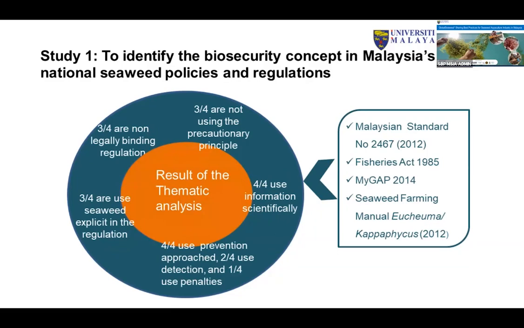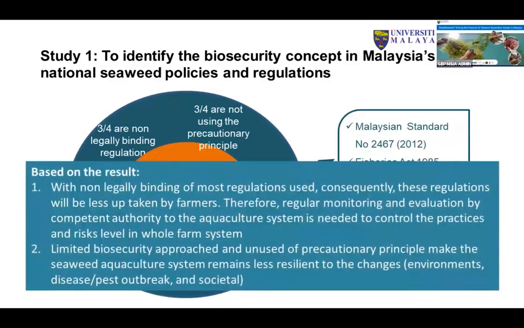Results show most of the policies and regulations are non-legally binding, lack adoption of the precautionary principle, and have limited use of the biosecurity approach. But the good things about these regulations are that they explicitly cover seaweed and the information used is based on scientific knowledge. Based on the result, we assume that because most regulations are non-legally binding, the regulations will be less taken up by farmers.